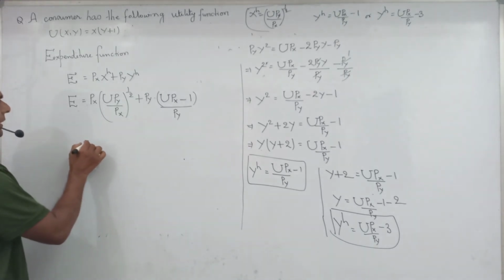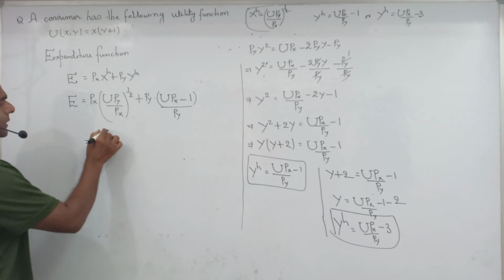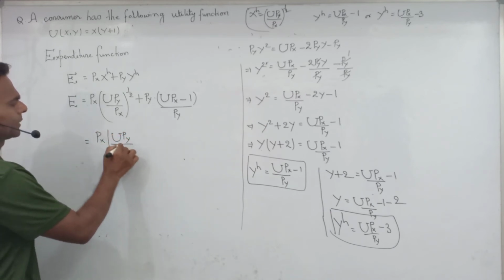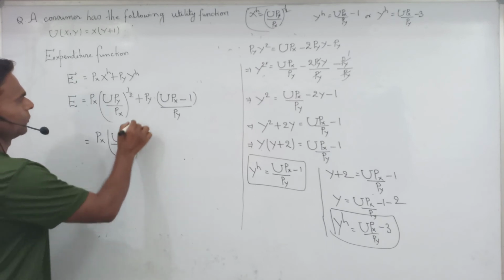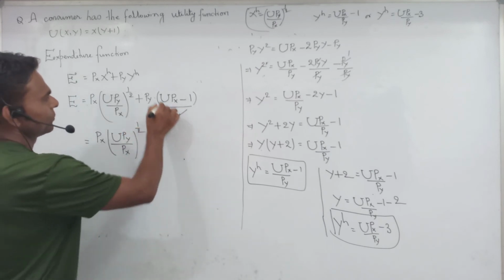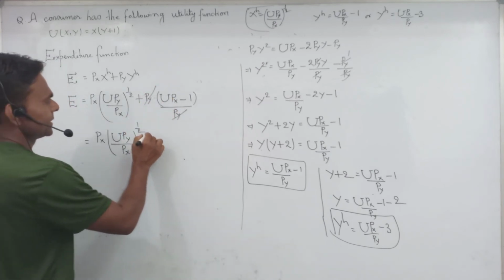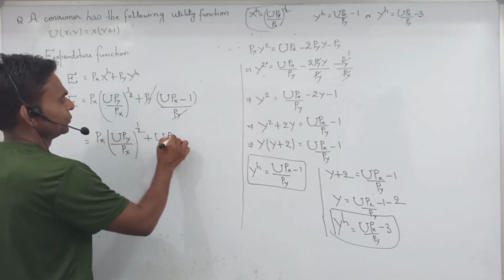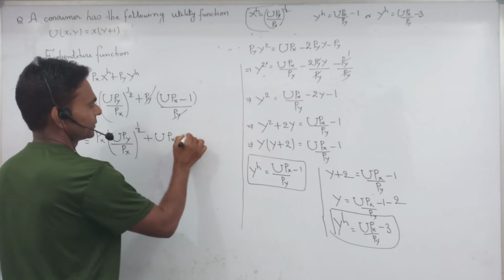It can be written as price of x times u price of y by price of x whole power 1 by 2, plus u times price of x minus 1, where price of y cancels.